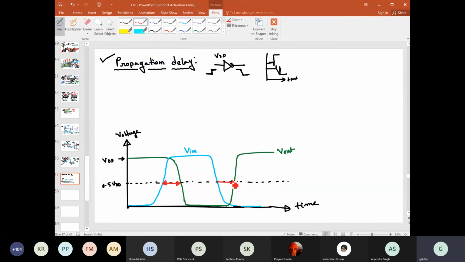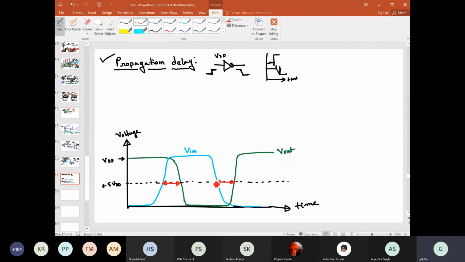So this is another delay. There are two delays: one when the input is changing from low to high, and another when the input is changing from high to low. Or in other words, there are two delays when the output is changing from high to low, or from low to high.